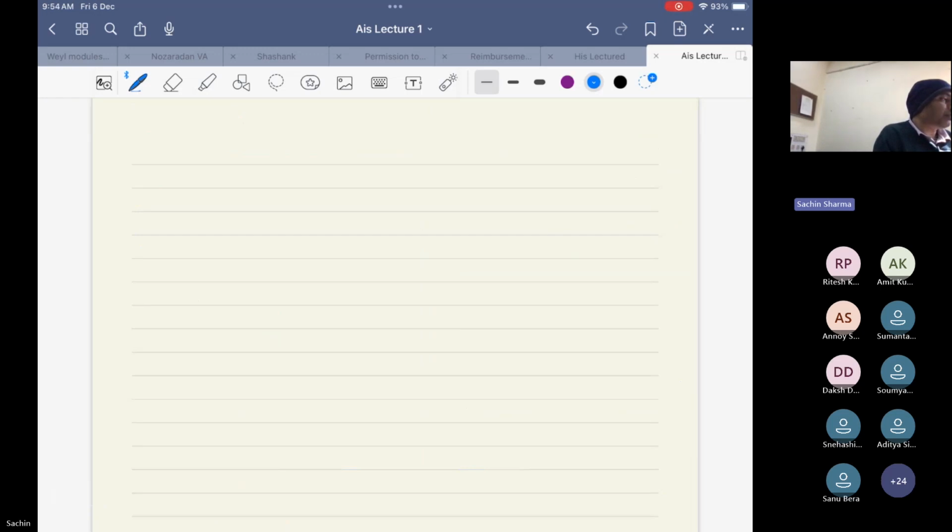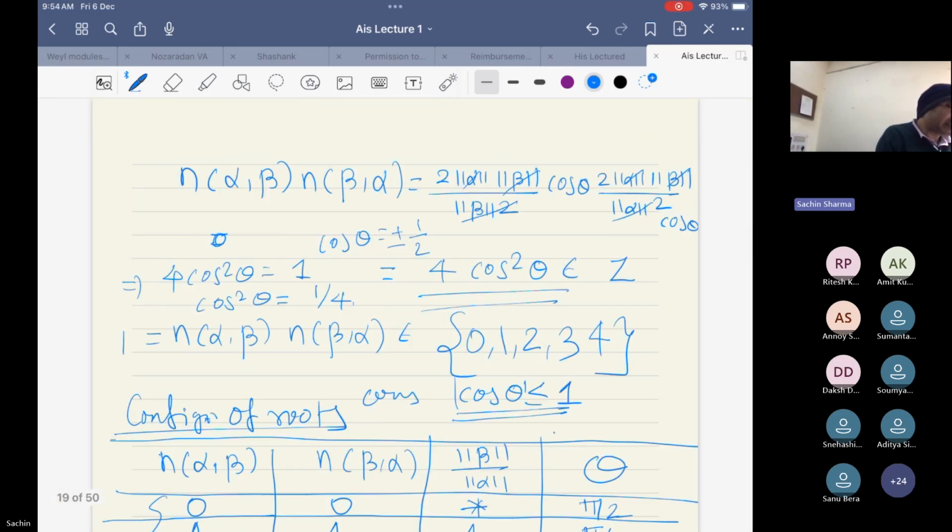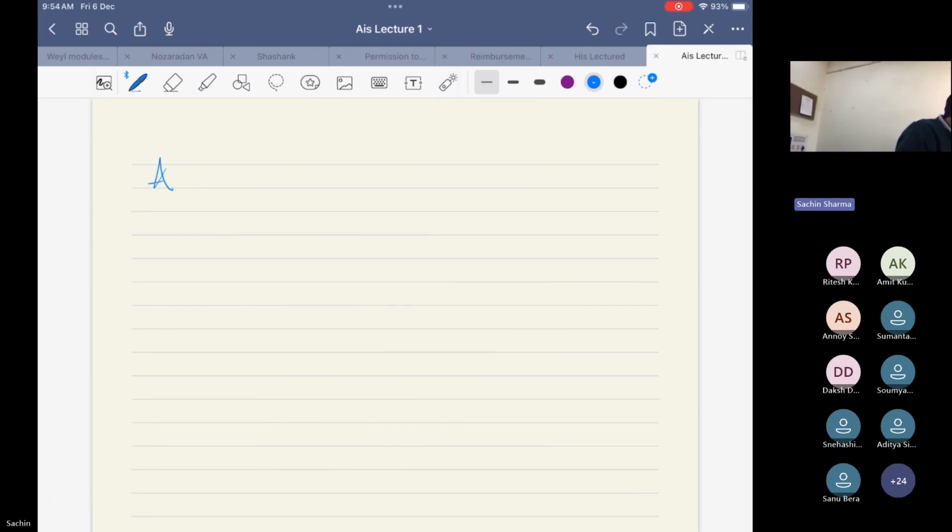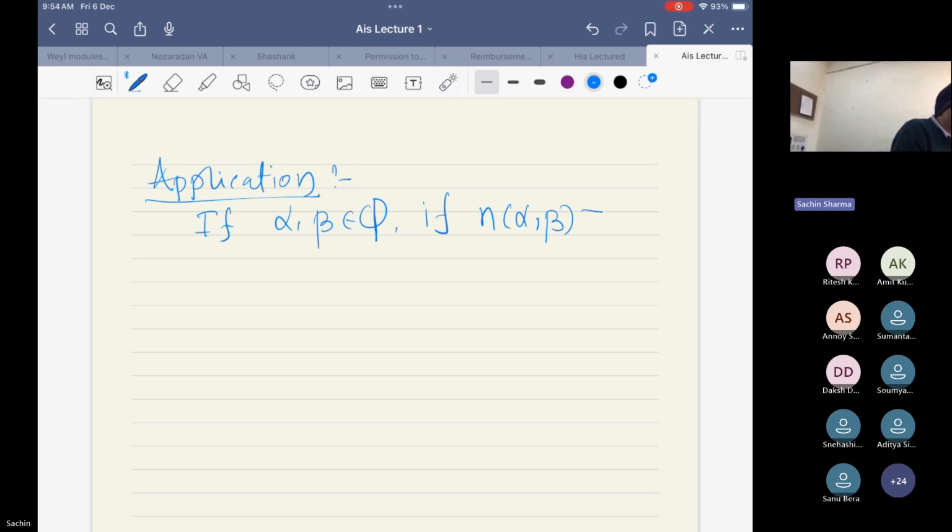So this is very informative as an application. There are many applications, but I would just like to mention one. You will see that if alpha, beta belong to phi, and if n(alpha, beta) is greater than 0, then alpha minus beta belongs to phi.